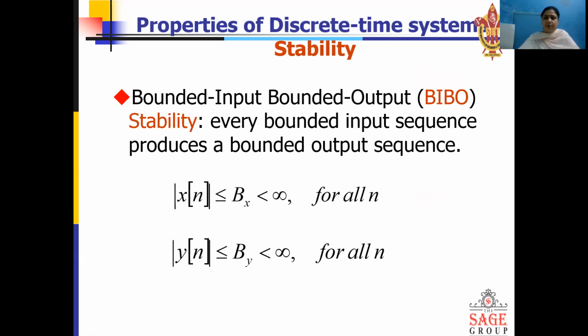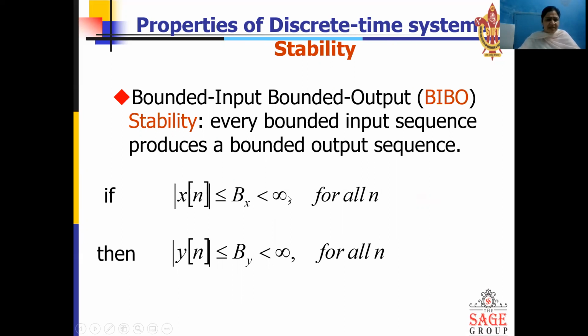Now the next property is stability. Here we will discuss the bounded input, bounded output, BIBO stability. Suppose for a system the input sequence given is a bounded sequence. Bounded sequence means the amplitude of x[n] for all n is less than or equal to some finite value Bx, which is less than infinity.